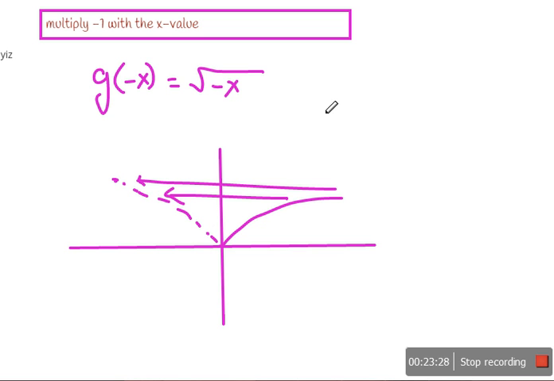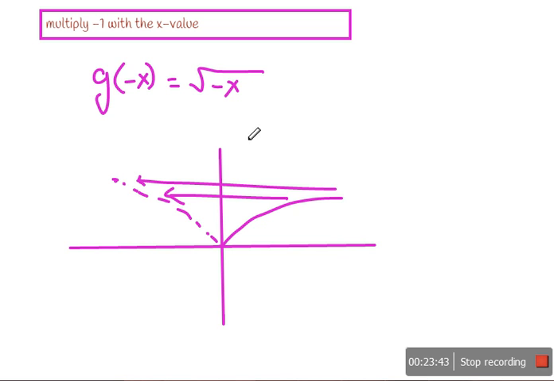Yes, you can compress it, but you have to multiply the number. You can say it can become bigger, yes, but you have to multiply a number bigger than 1.